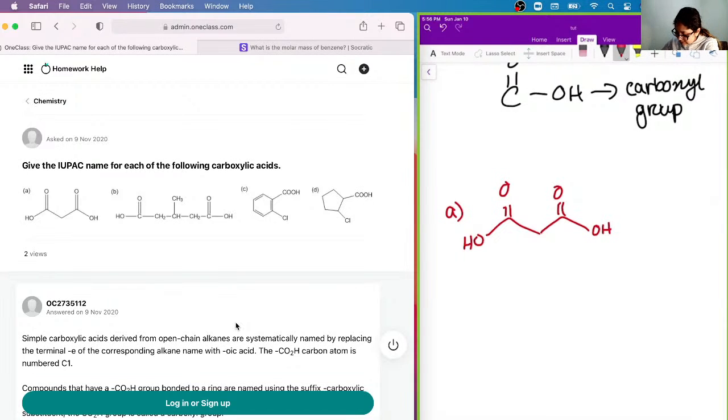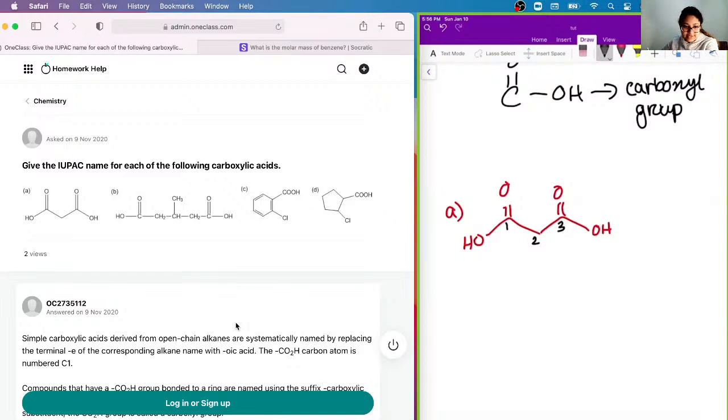In this case, we can number the carbons. So let's say this is 1, 2, 3 carbons. And so you can see we have 3 carbons. So this would be propane, because the carbons are not double bonded to each other.